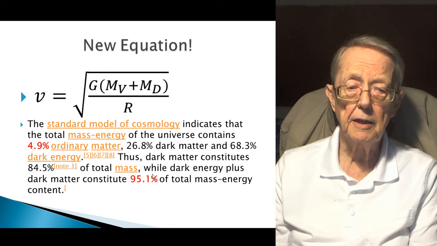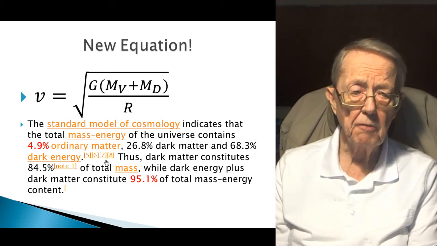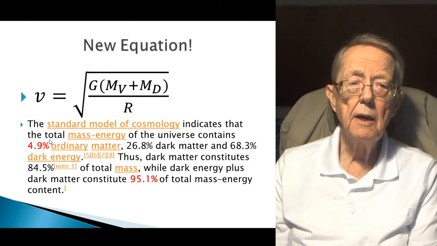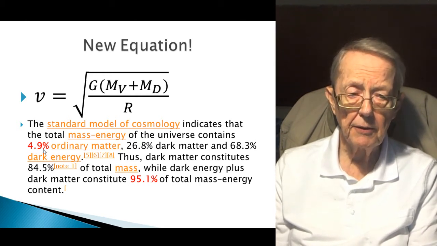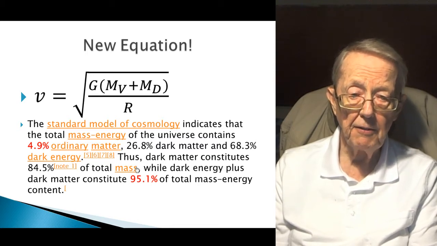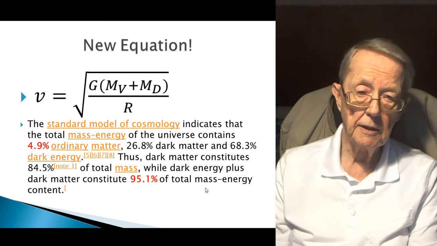This is a copy out of Wikipedia. Not going to go through all of that, but I highlighted in red the amount that they're saying is ordinary matter. 4.9% is ordinary visible matter. 95.1% is dark matter or dark energy.